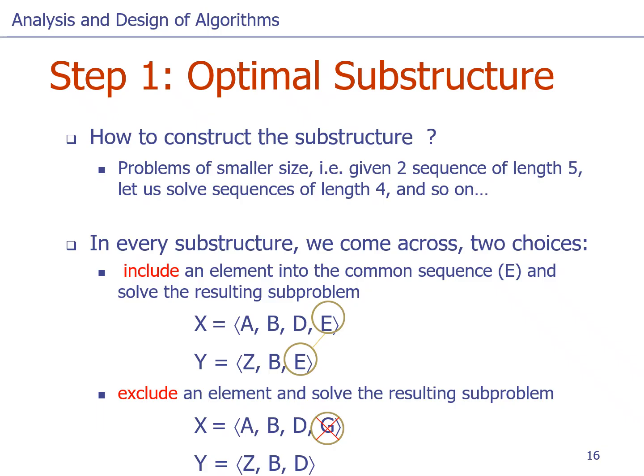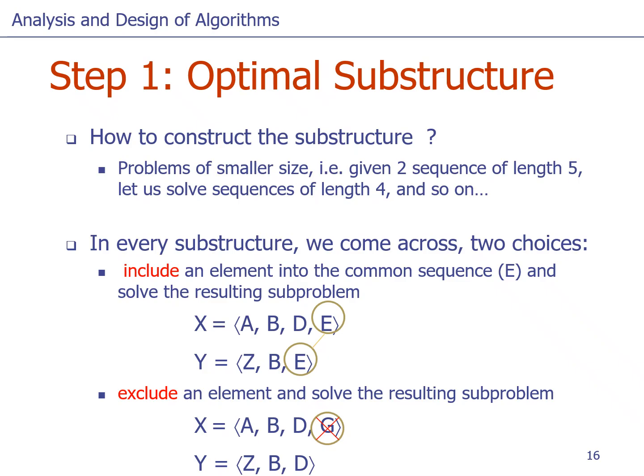So what this means is, with every new letter in one of the two inputs, either we include it or we don't include it.